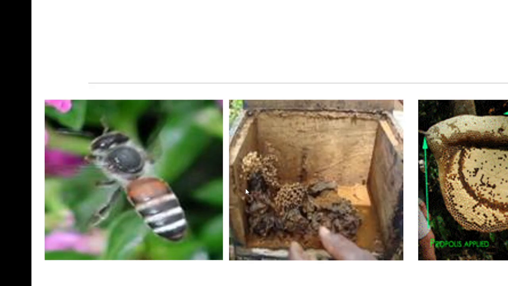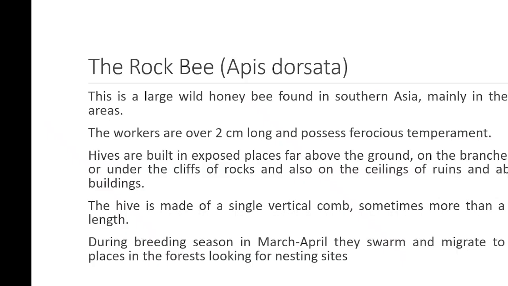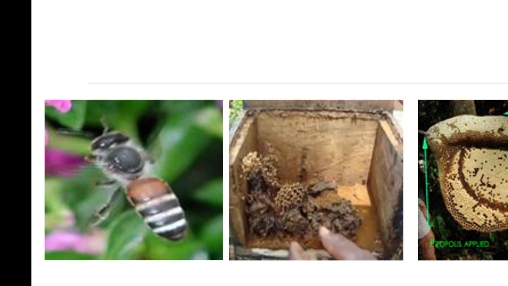This is the hive of the little honeybee. In Kerala some farmers are rearing this Apis florea because their honey has more medicinal value. That is the reason why people are rearing this Apis florea.